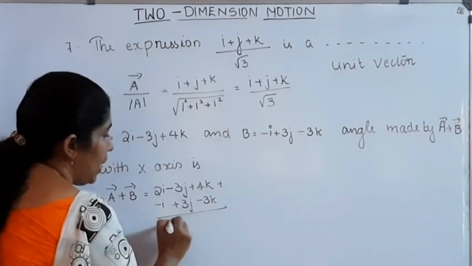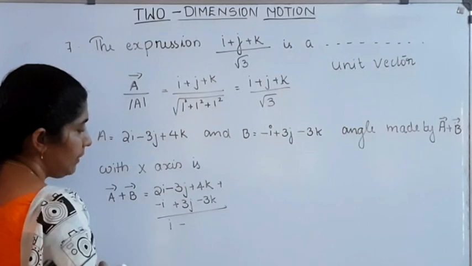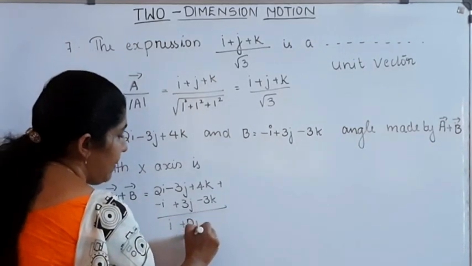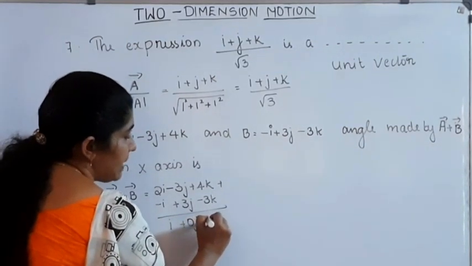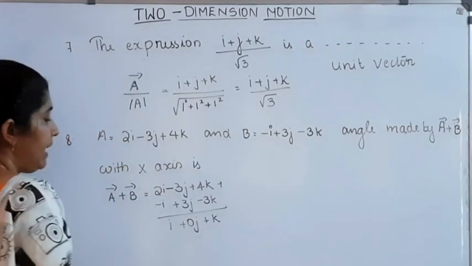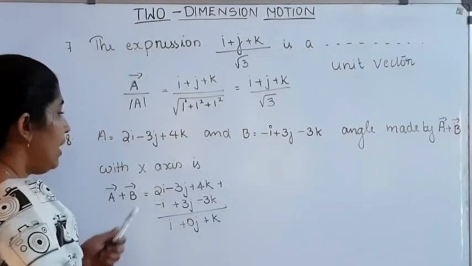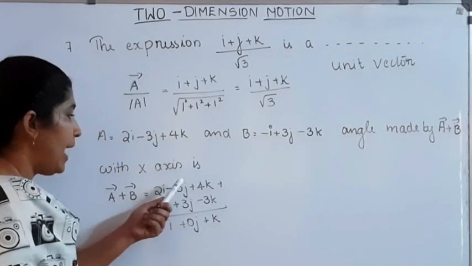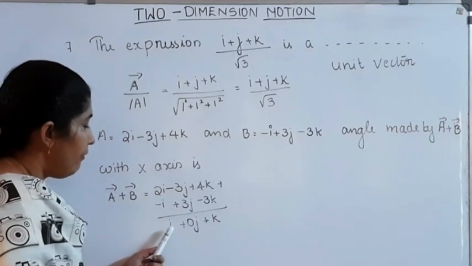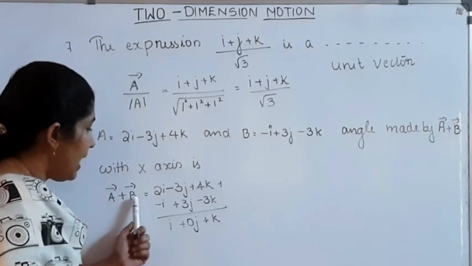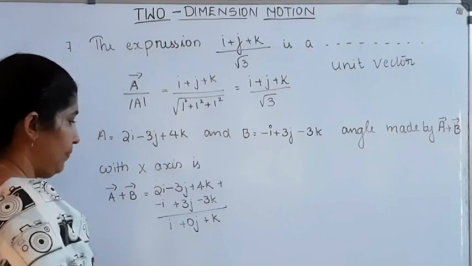That's equal to i plus 0j plus k. Okay, when we add these two values, we get vector A plus vector B as i plus k.